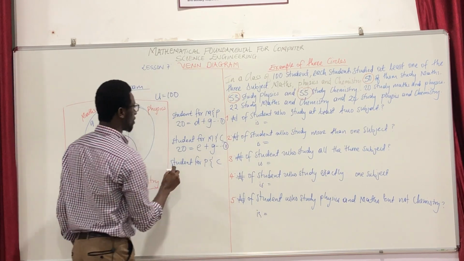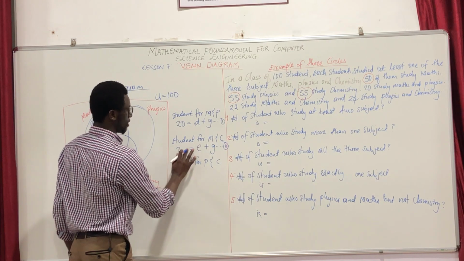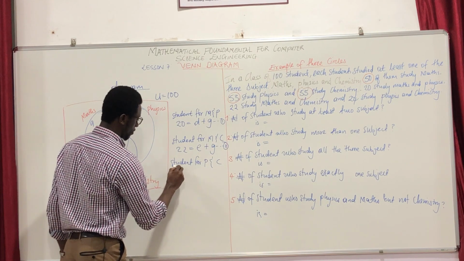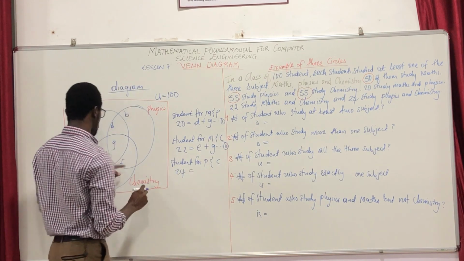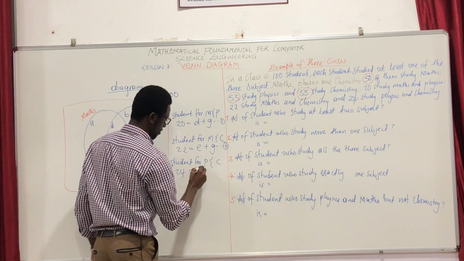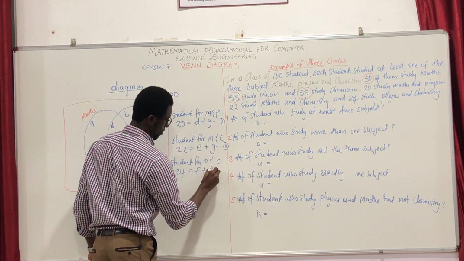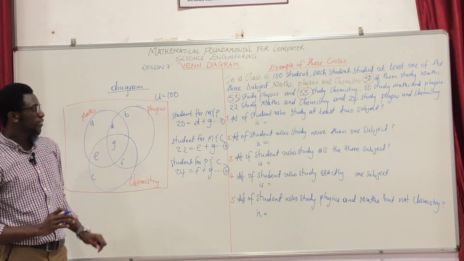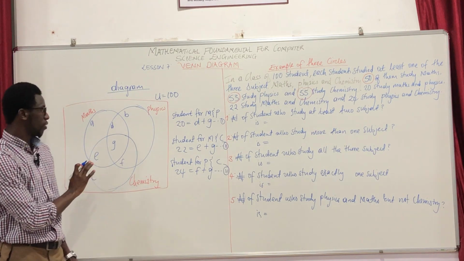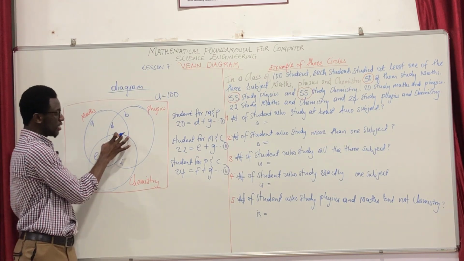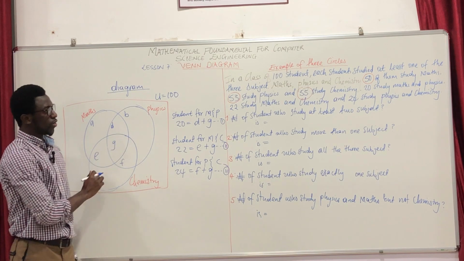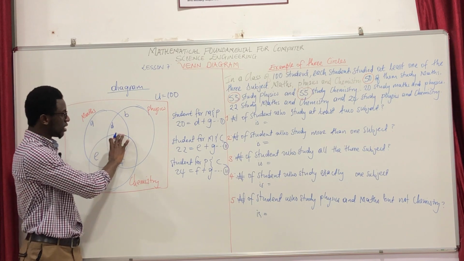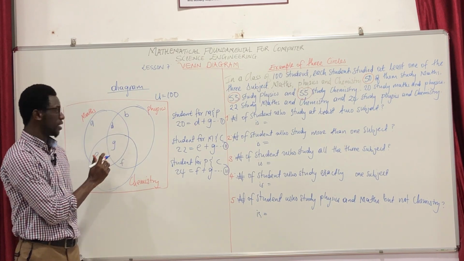Physics and chemistry, here is 22. And here is 24, which is F plus G. So now you see we have 3 equations on the board. But first, you can't solve this type of problem without knowing this intersection of all the 3 sets. So what we should do, we first try to find the G. Because no sooner we know G, then we can relate all this type of problem.